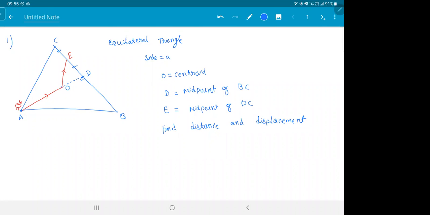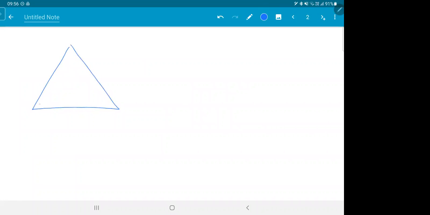Numbers won't be beautiful. First thing, hope you remember this: the centroid divides in the ratio of 2:1.